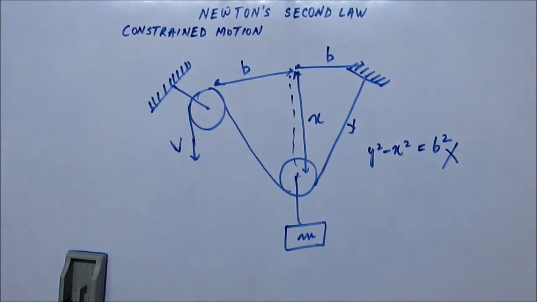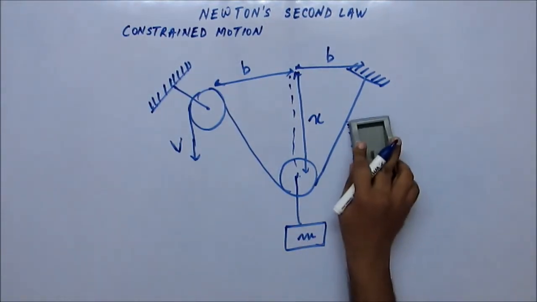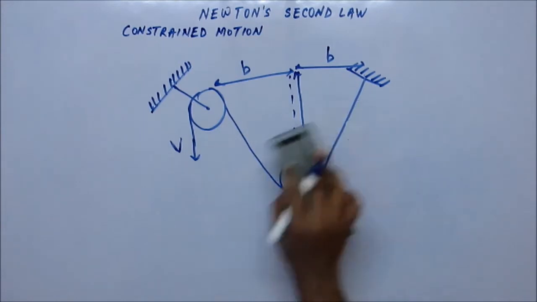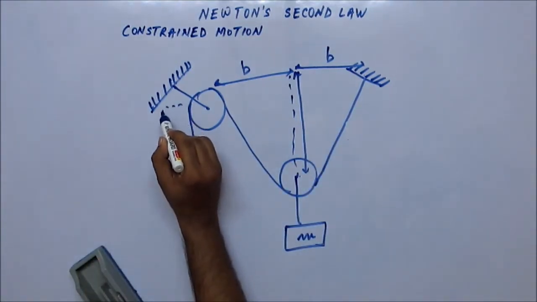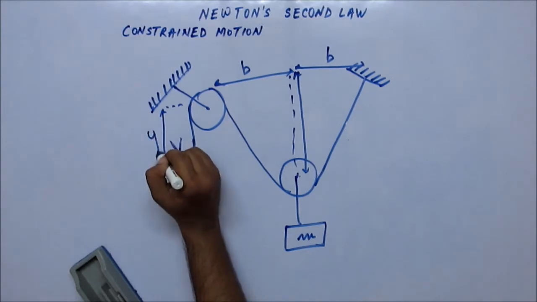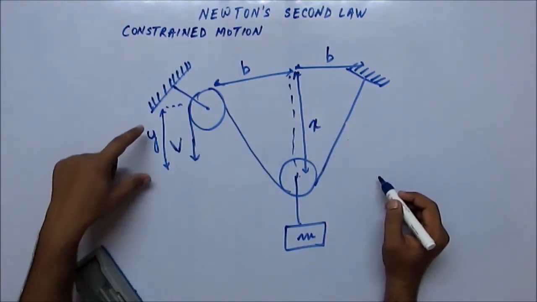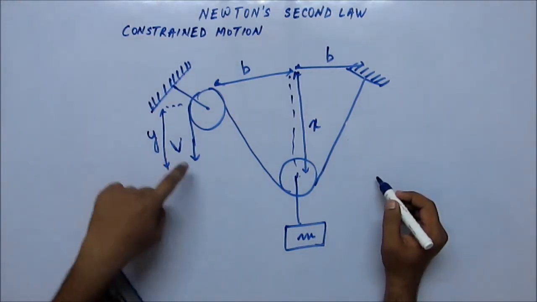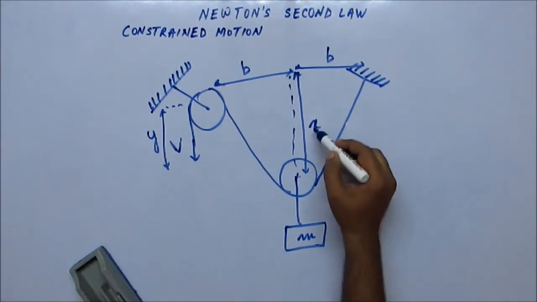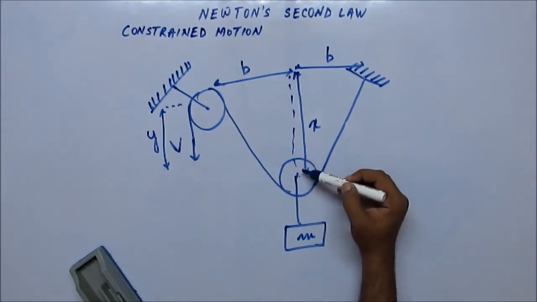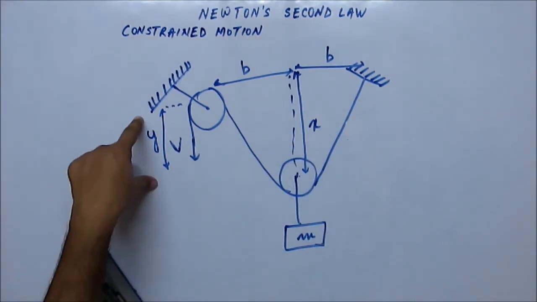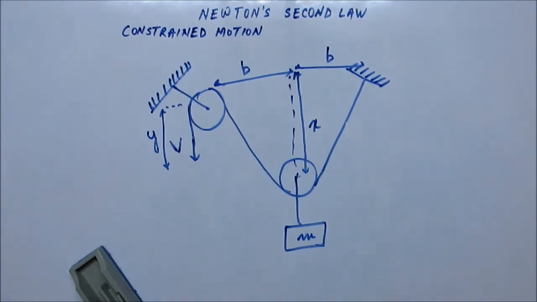If you take rather this relation, suppose you take this as y and this is given as x, then dy by dt will straight away be v, and dx by dt will be your required velocity of pulley. So taking this as y is a better idea. You can go with that as well, but that will be a little complicated.